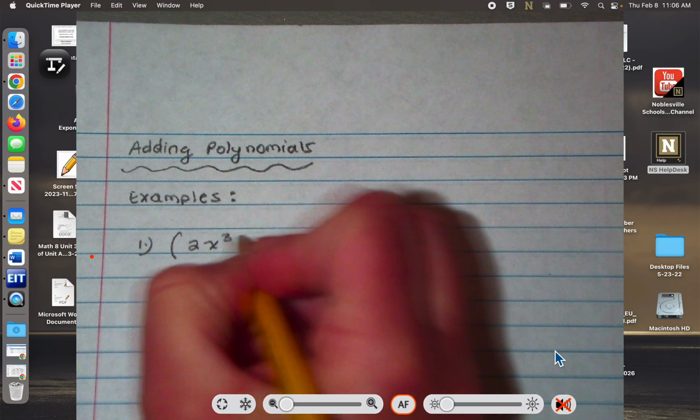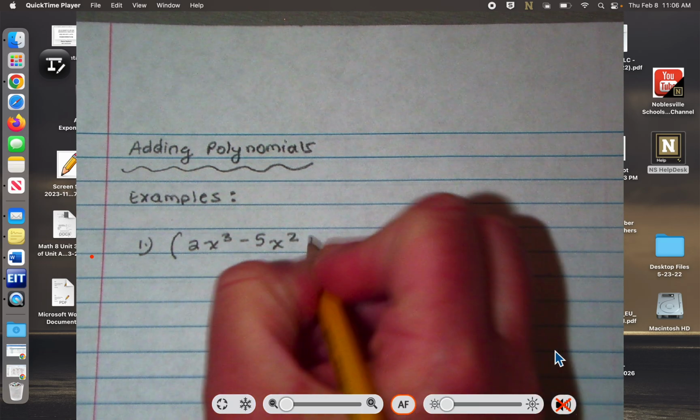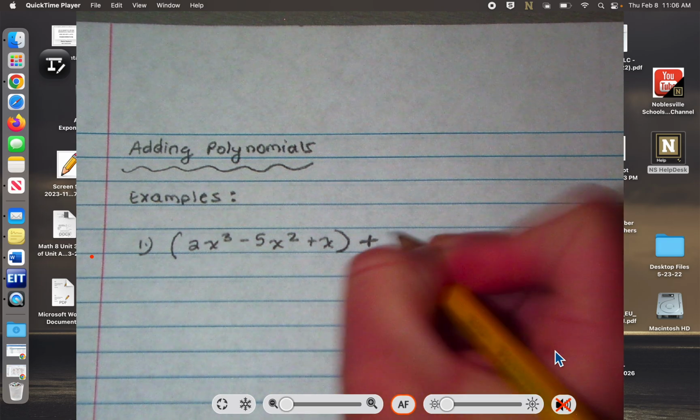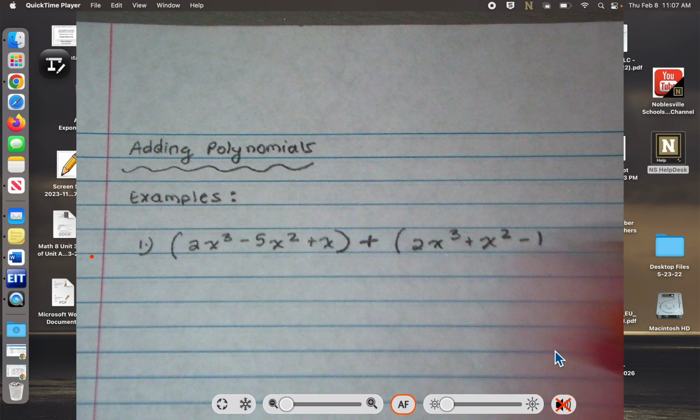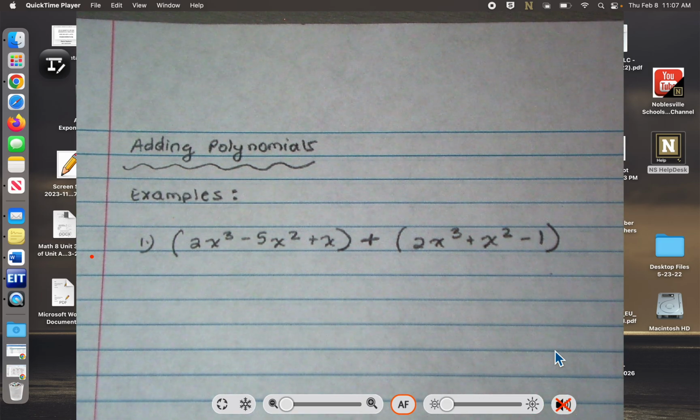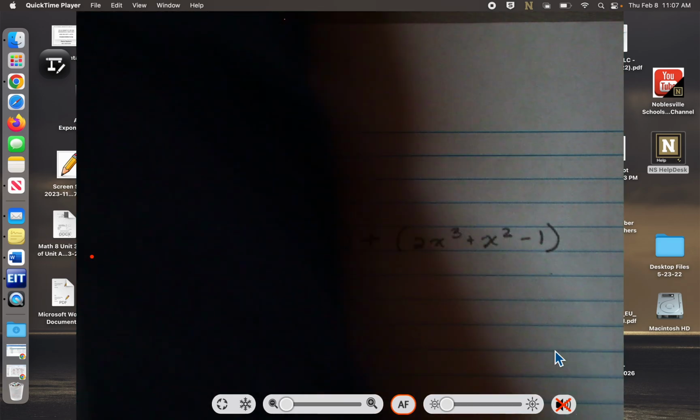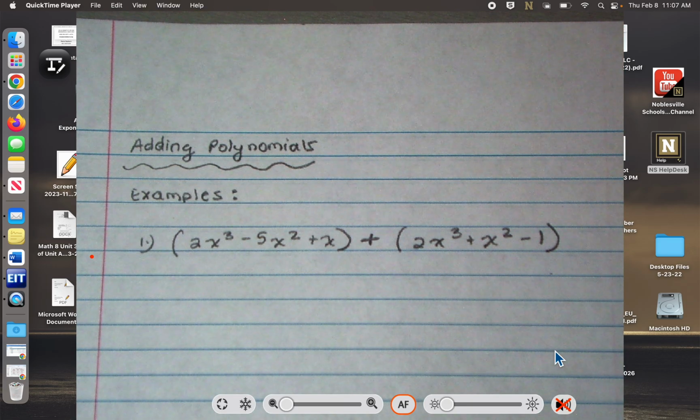2x to the third minus 5x squared plus x plus 2x to the third plus x squared minus 1. Okay, when we are adding polynomials, you can only combine them if they have the same exponent and the same variable.